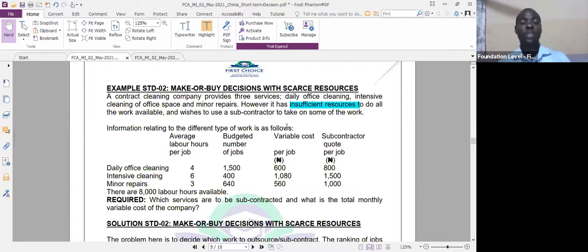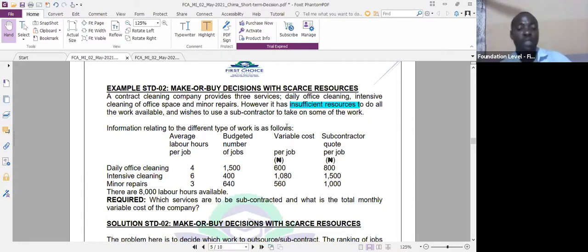All right, so related information to this job, we have average labor hours per job, budgeted number of jobs, then we have the variable cost and the subcontractor quote per job.